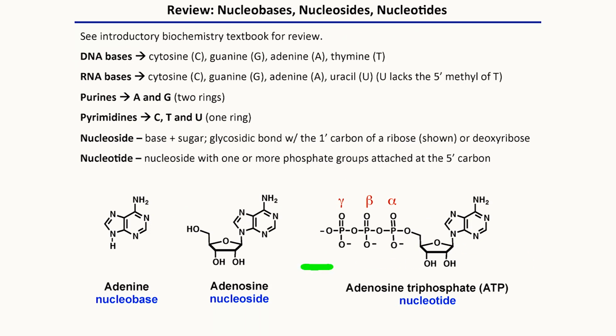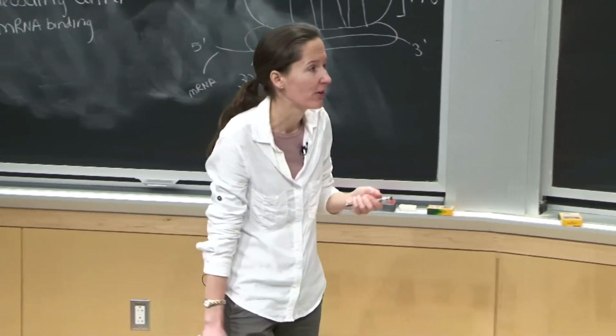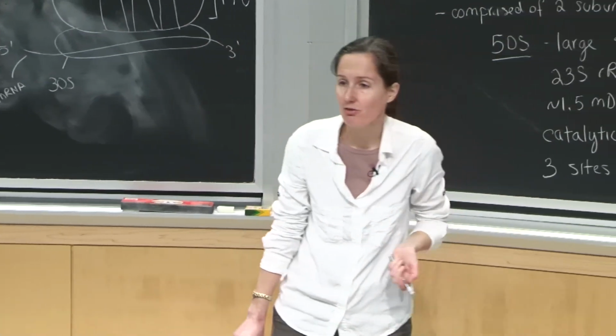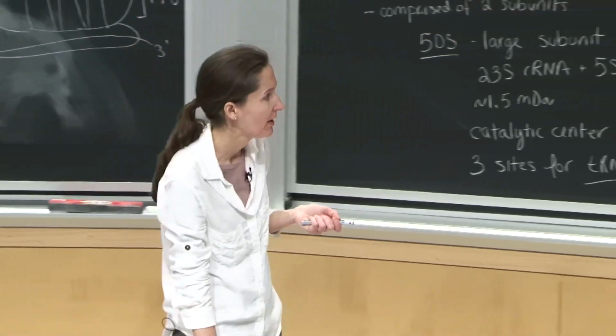And keep in mind, from 507 or 705, I think this should be known, but these phosphates, we have alpha, beta, and gamma phosphates, right? And depending on whether your ATP or some other nucleotide is being hydrolyzed to, say, an AMP or an ADP, you're going to have attack at different positions.